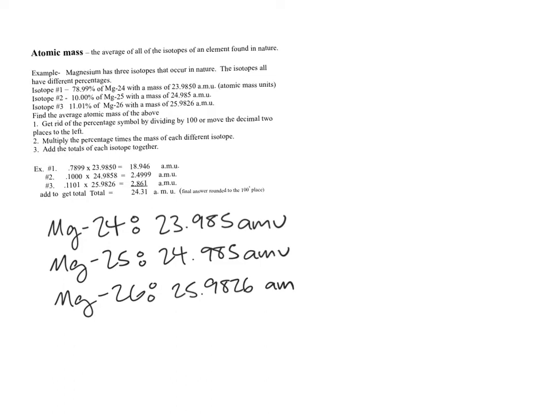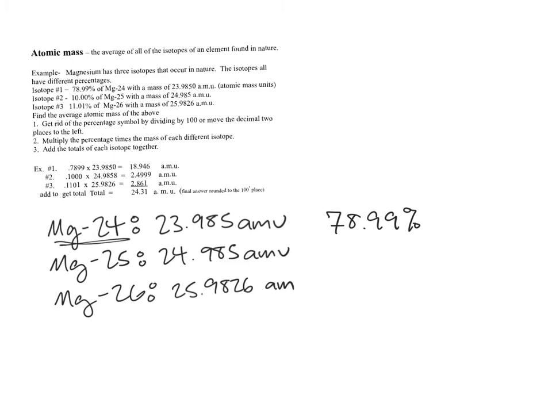But one thing we do take into account when coming up with the average is how much of each isotope actually exists in the world. And we use that in percentage form. So magnesium 24 makes up 78.99% of all magnesium in the world.